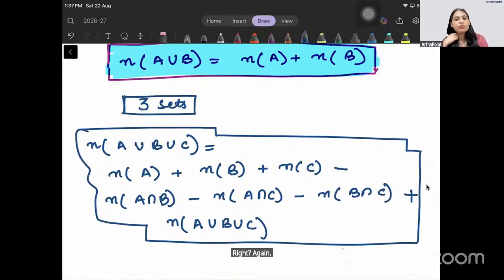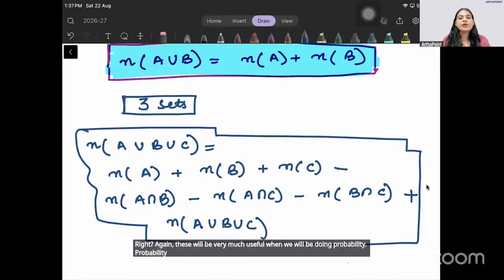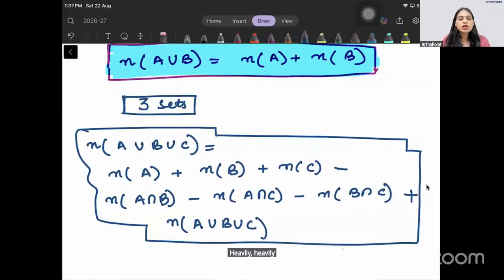Again, these will be very useful when we do probability. They will be heavily used in probability. So just make sure that you understand these now. Okay.